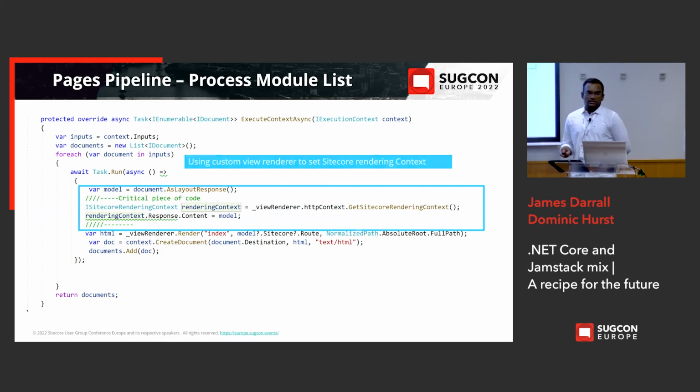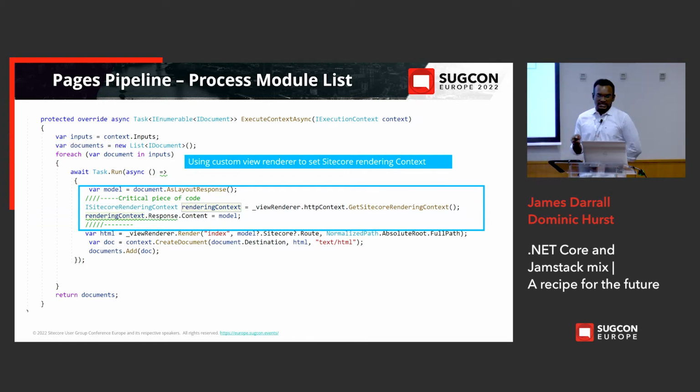So this is the renderizer module which we have seen before. This is a core piece of code in our approach. As you're seeing, it processes the pages one by one, and as it is processing, it gets the layout response of each page.